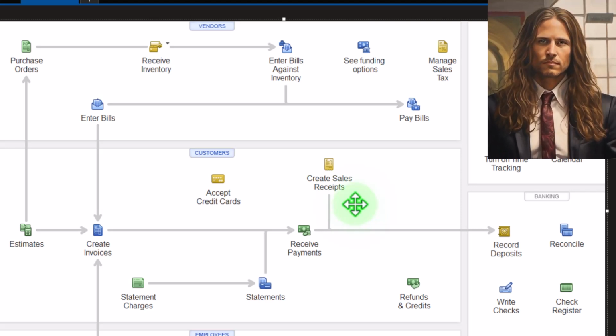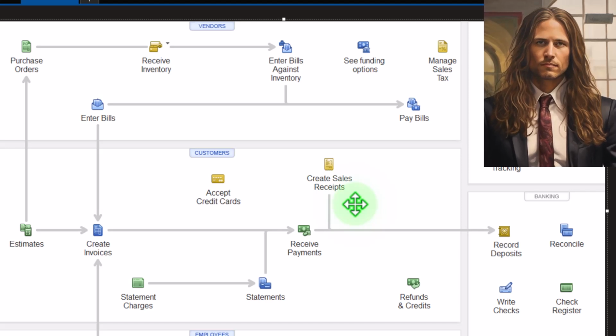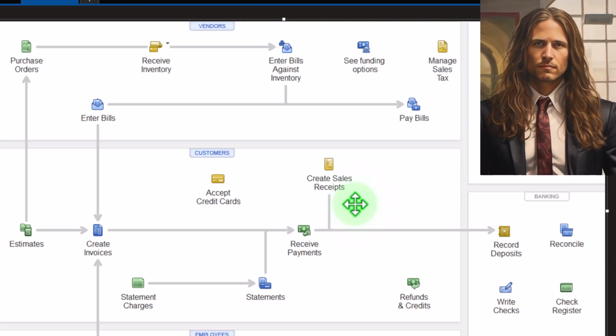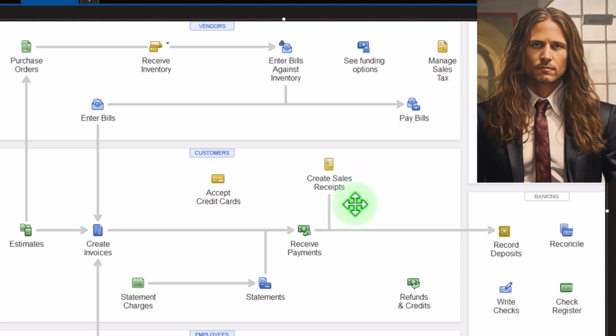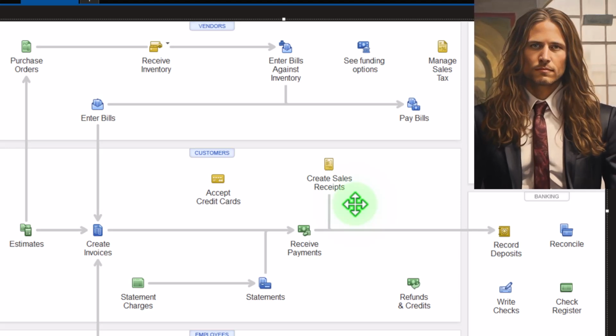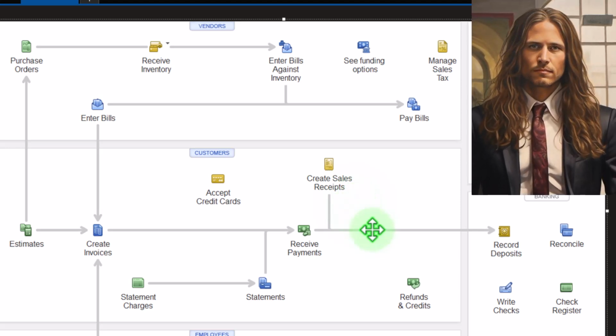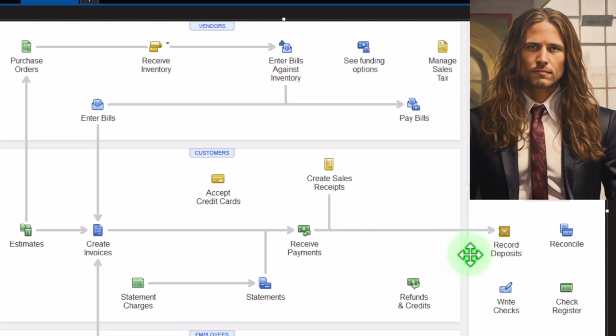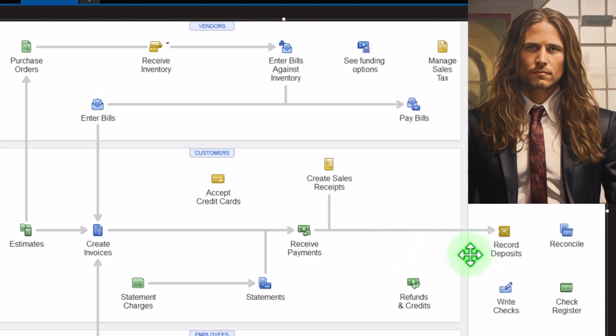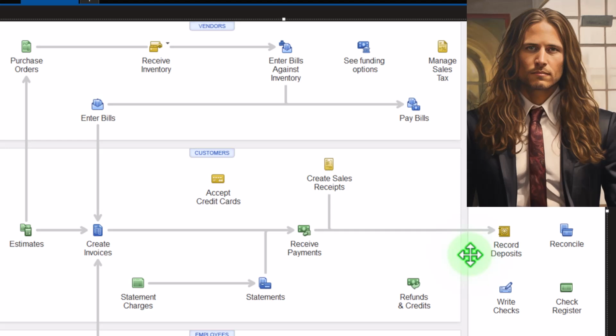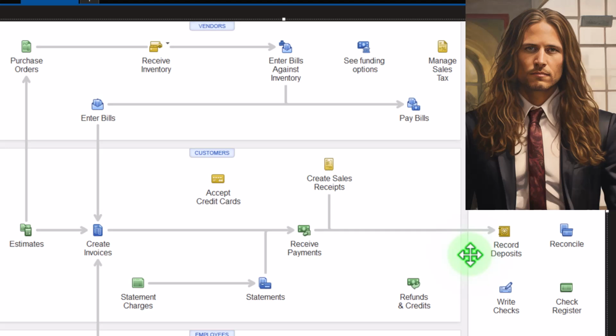Maybe I just collect cash, which would be the easiest thing if you could still get people to pay you in cash, right? And then at the end of the day, I go to the bank and deposit my money. And then I wait till the bank comes through with the deposit form. And then I just record the revenue with the deposit form using the bank feeds. That would be the simplest thing to do.